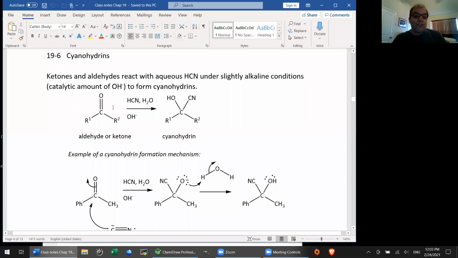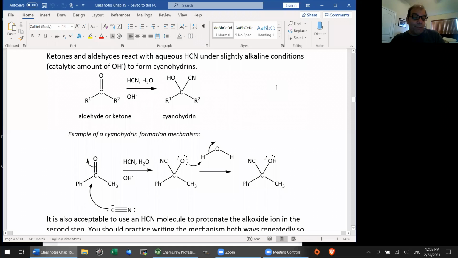If you treat an aldehyde or ketone with either aqueous HCN with a little bit of hydroxide in it as a catalyst, or frankly, you could also use, and you might also be given, just sodium or potassium cyanide and H2O, it'll still work. Same mechanism, everything's the same. In the end, you get a compound of this type, which is known as a cyanohydrin. And these are actually kind of useful. There's things you can do with the nitrile functional group.